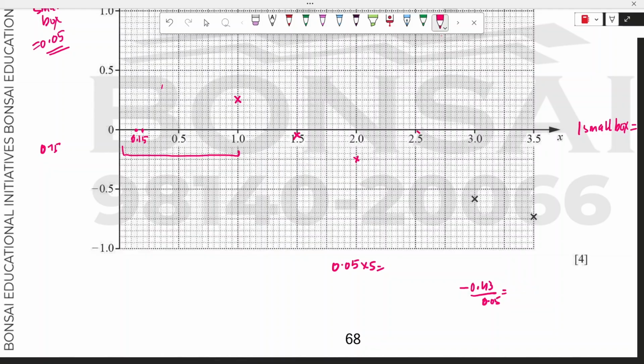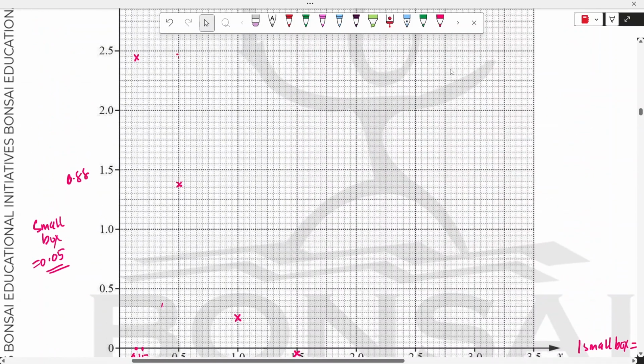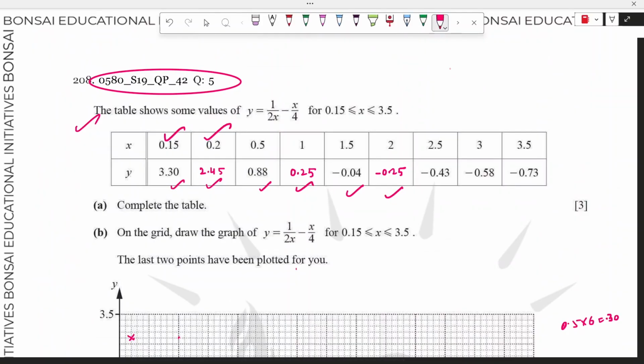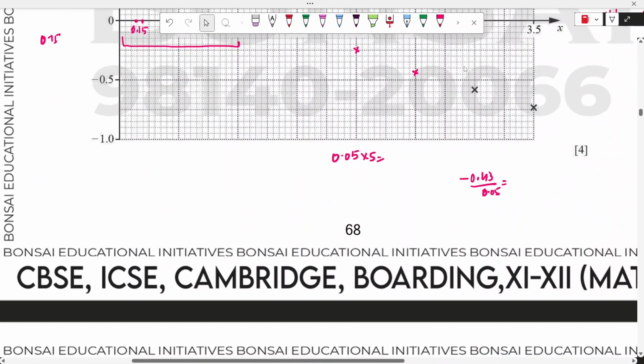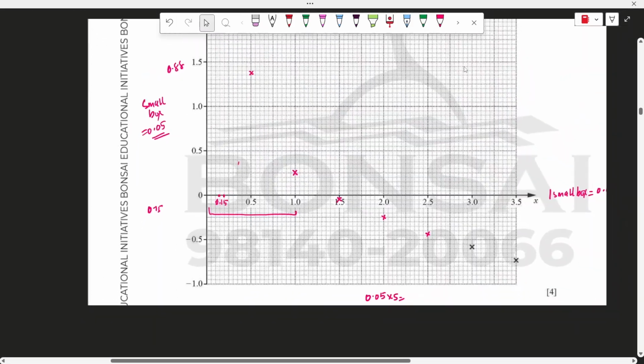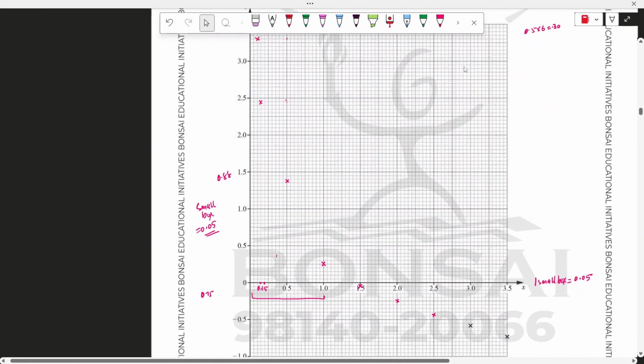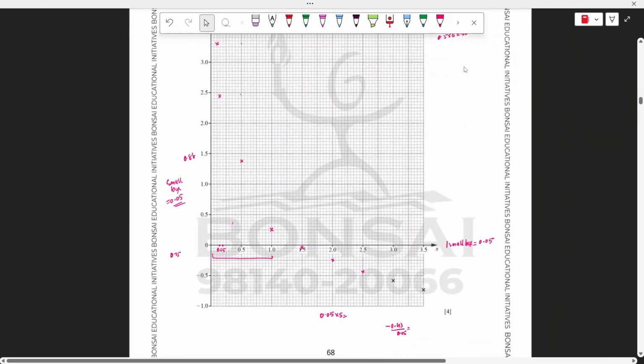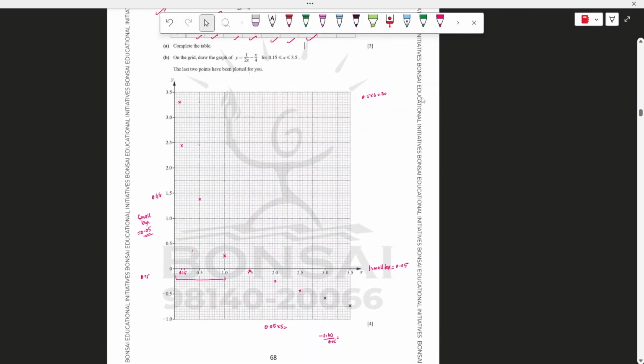So this is 5, 6, 7, 8, and approximately here. So I'll put the cross here and let us delete this. Okay, and we're done with this. 3 and 0. Last 2 points have been plotted here. Okay, so we got the things here, and now let us make it small and connect all the points.